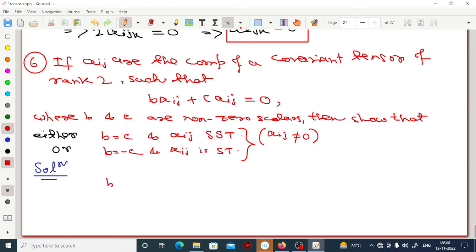You write whatever is given. Only one thing is given to you, which is B aij plus C aji is equal to 0. This is the only thing that is provided to you. Let me take it to the other side: B aij is equal to minus C aji. Multiply both sides by B.